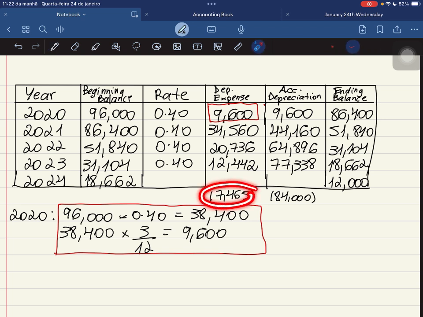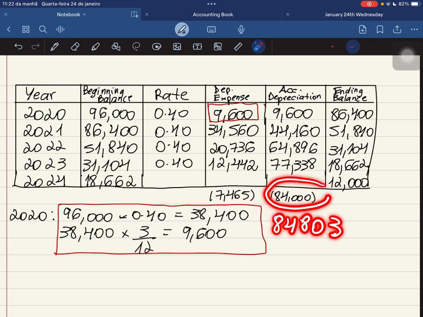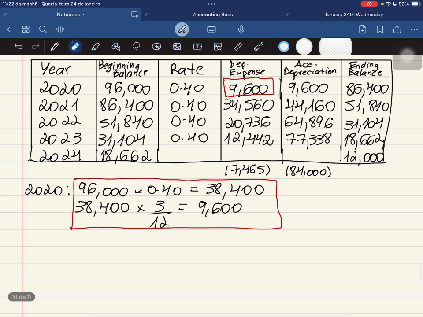If you add this number with this number, just like we did before, you would actually get 84,803. And this is different from what we need, right? We need 84,000 only. This is more than what we need. So the last year of the declining balance, depreciation expense, it's going to be different. And this is what I wanted to show you.